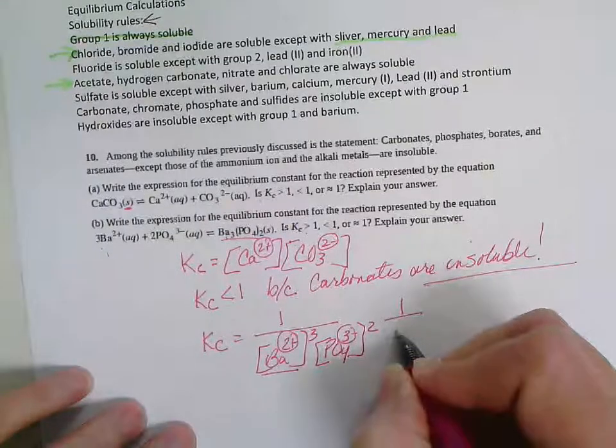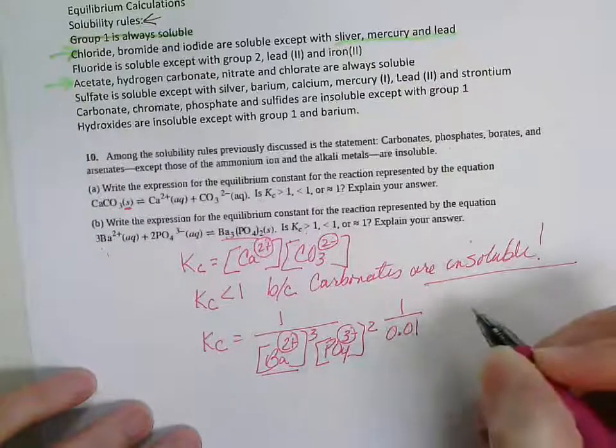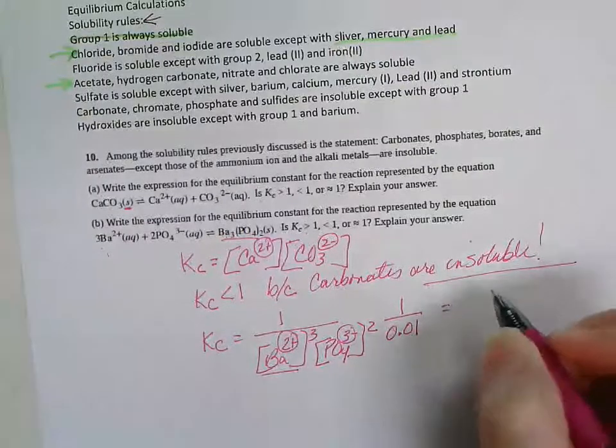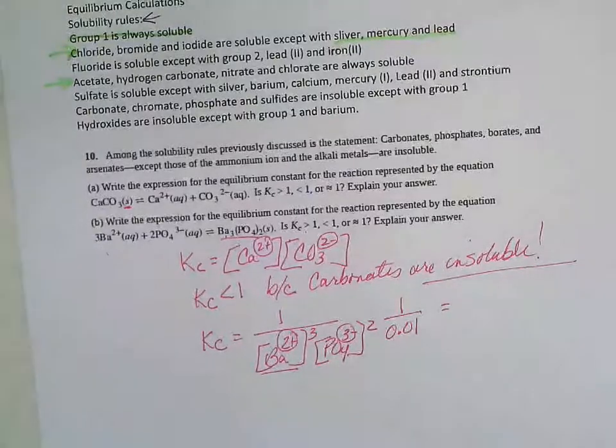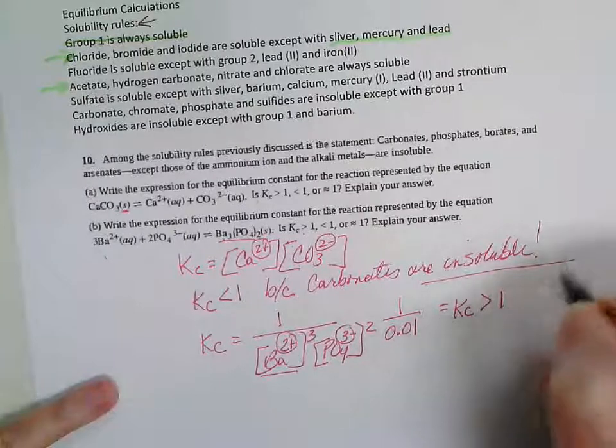So 1 over a very small number, like 0.01, let's say, if you do that in your calculator, what kind of answer do you get? I get 100. So I'm going to predict that Kc is greater than 1.